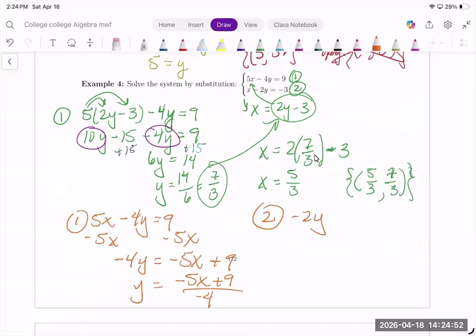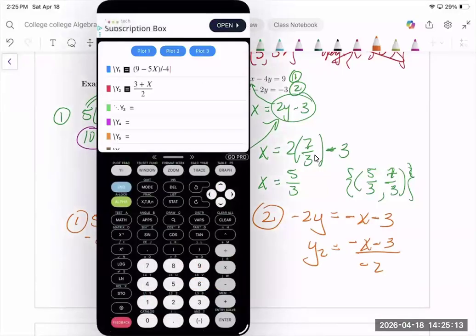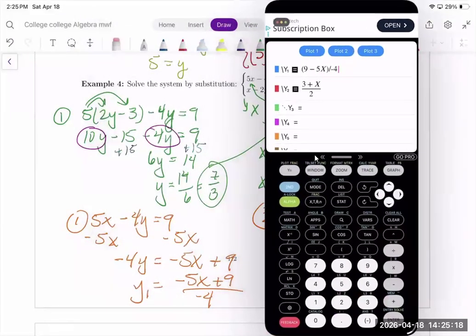So do less. For equation 2, I'm just subtracting the x over, and then I'm going to divide by the negative 2. So I'm going to call this y sub 2, and over here is y sub 1. So negative x minus 3 all over negative 2. And then I'm just going to put these into the calculator. I already have them in here. Good. Go me.